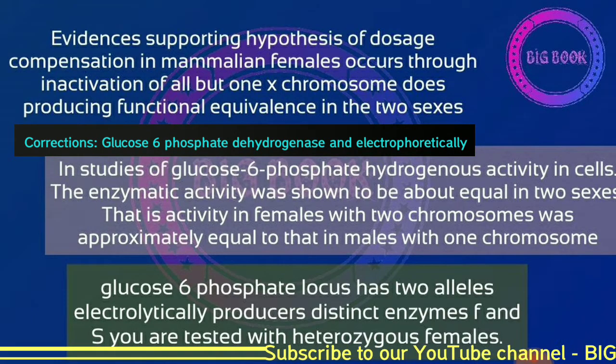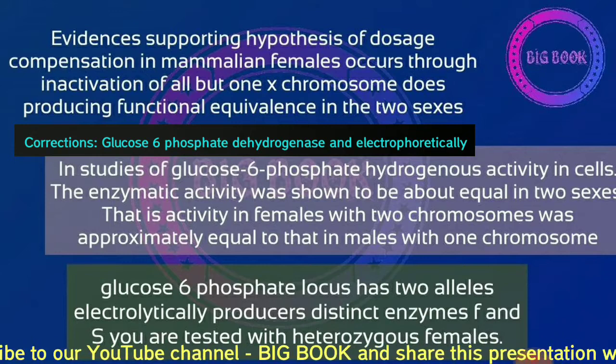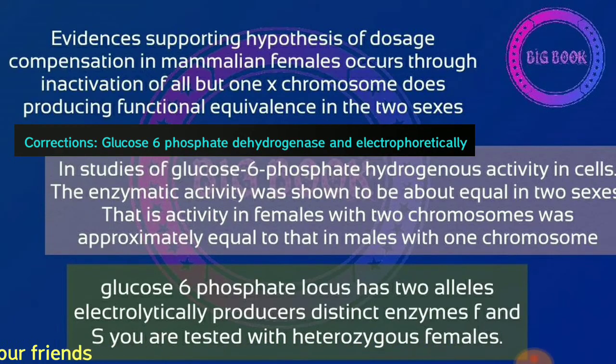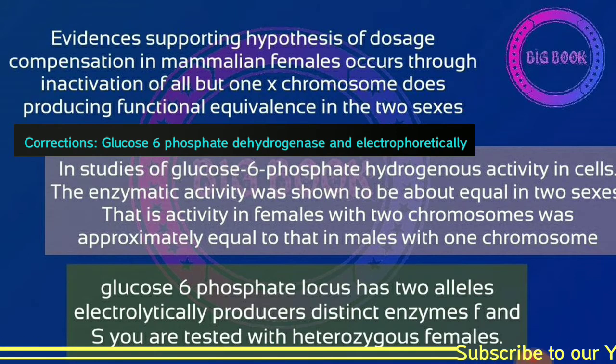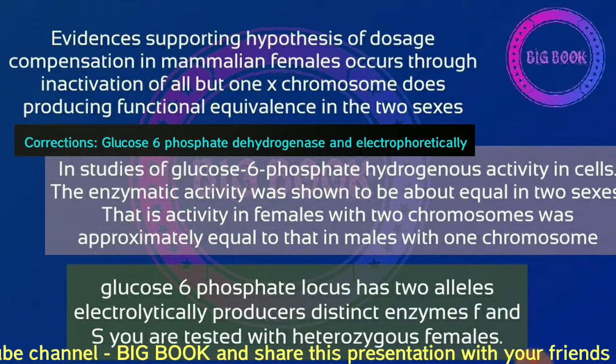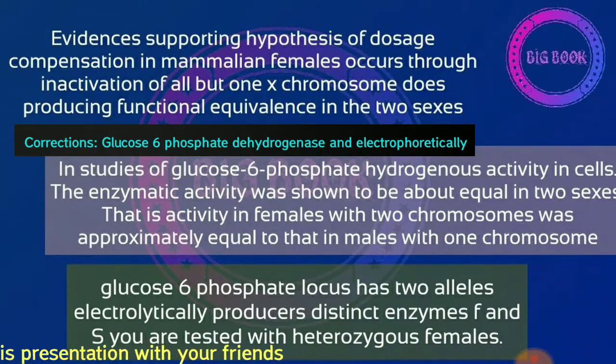So here I have already spoken that glucose 6-phosphate dehydrogenase is a gene having 2 distinct kinds of alleles, which form the enzyme F and also the enzyme S in the heterozygous form.